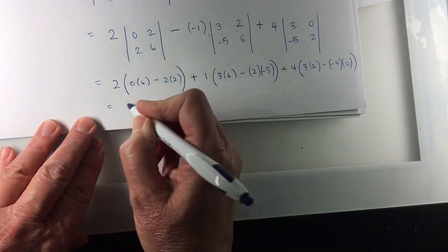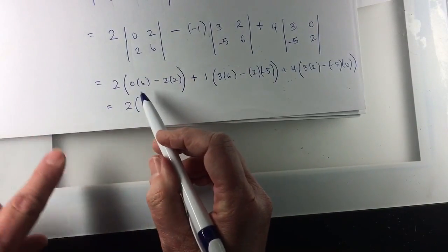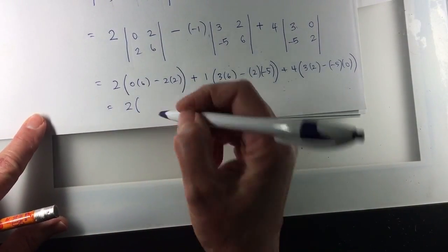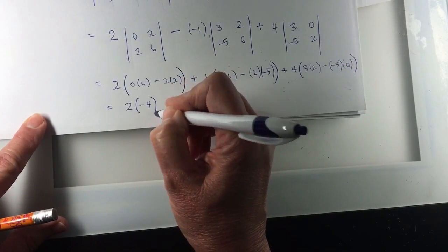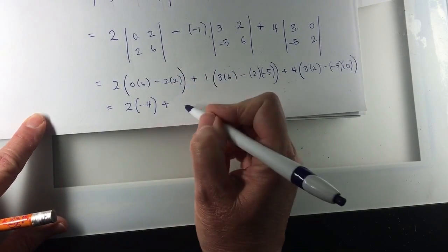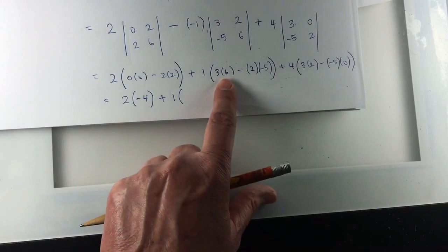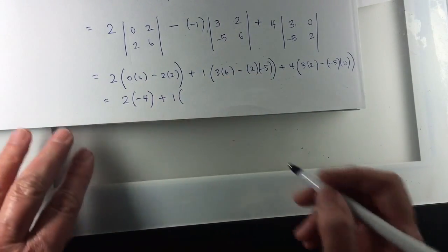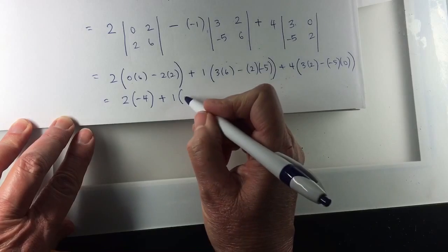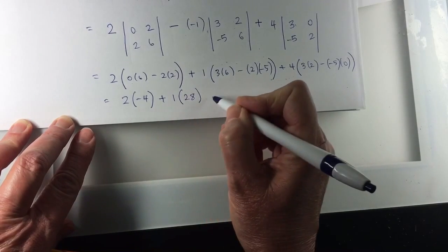So I'll simplify this. This is 2 times, well, that's 0 minus 4, so that's 2 times -4, plus, I don't need to write the 1, but I will. Okay, 18 plus 10 would be 28.